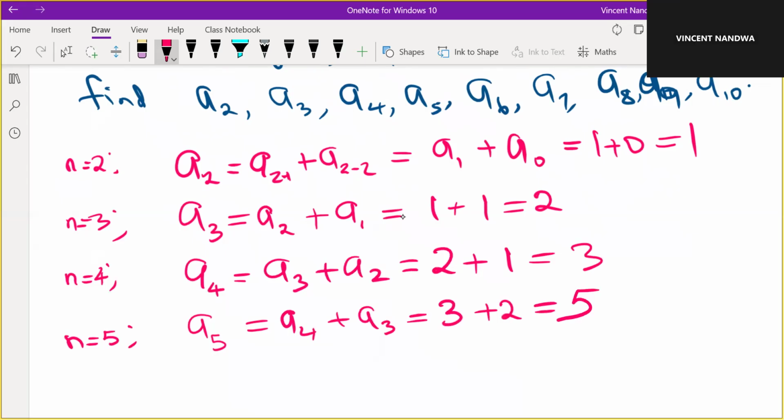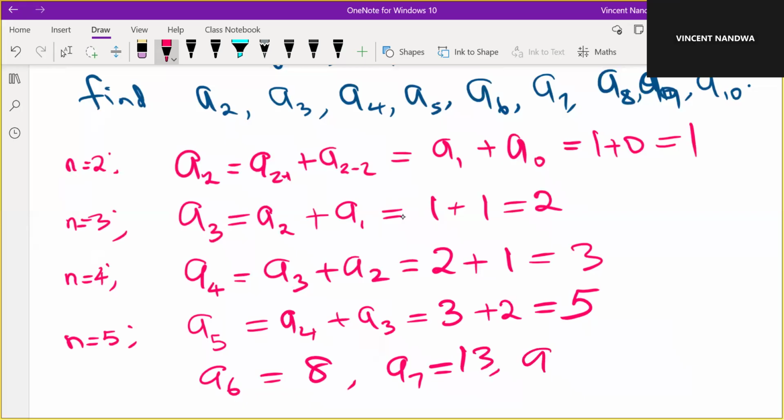So can you get for me the value of a_6? So I have 8. And what is a_7? 13.